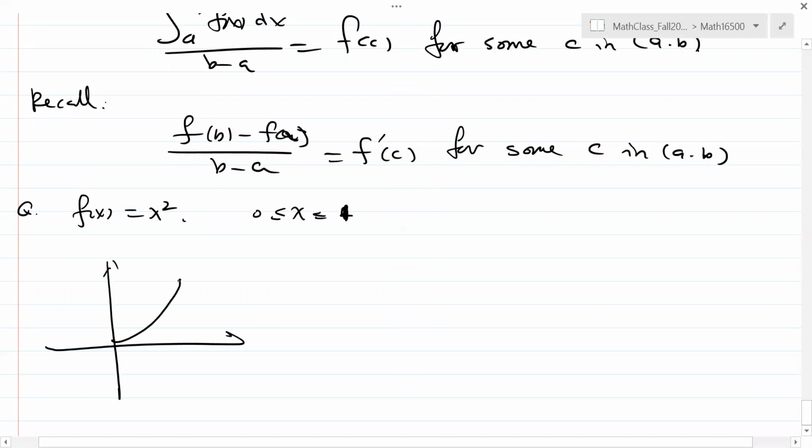This is the function. So what is the average value? If this were a straight line, the average value would be 1/2, right? So this should be less than 1/2, because it's not a straight line. The average value should be smaller than 1/2.